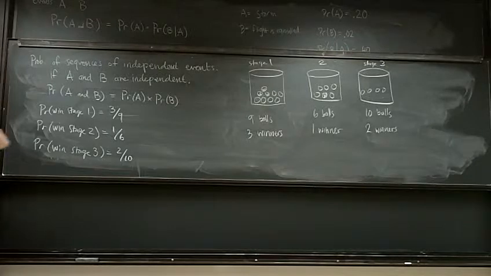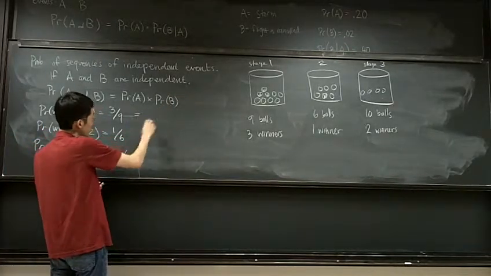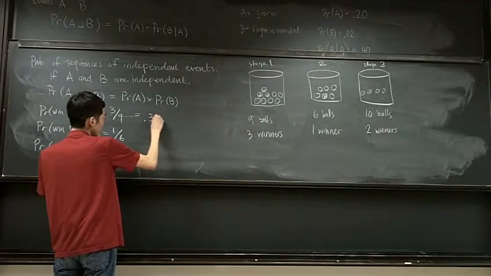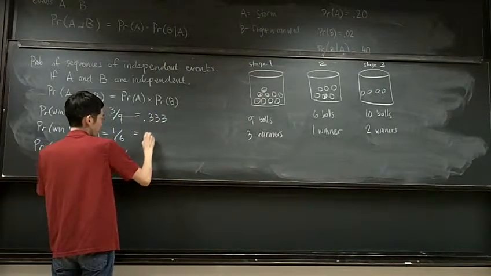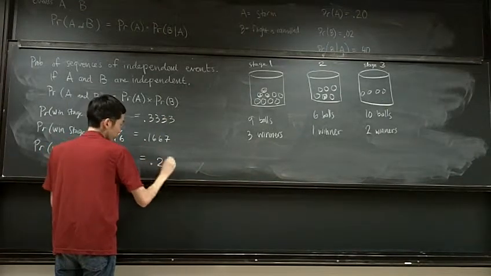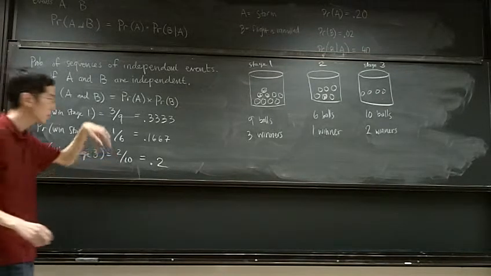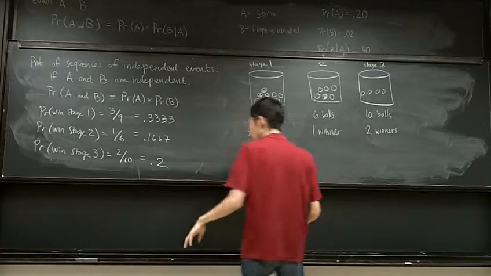Okay? Alright, so we can multiply all of these out, or you can leave it, and we can put it in decimal form, or leave it in fractional form. It doesn't matter. So what's the probability of winning overall? It's actually not too bad.